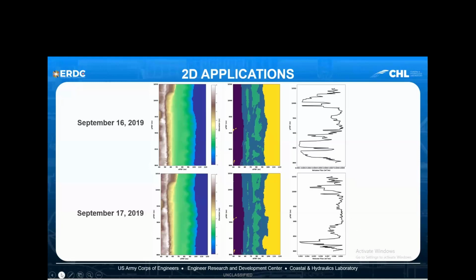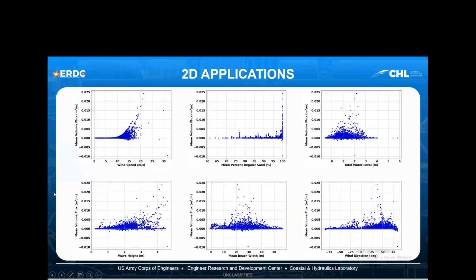And so as we start to look at some of the longer term results, looking at all of our volume fluxes across the dune toe, we try to piece together what environmental factors can be driving some of these changes in our volume fluxes and alongshore variations in our volume fluxes. We can see that there's not a really easily distinguishable trend.